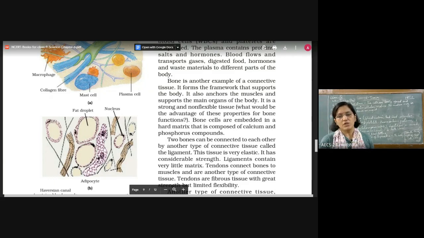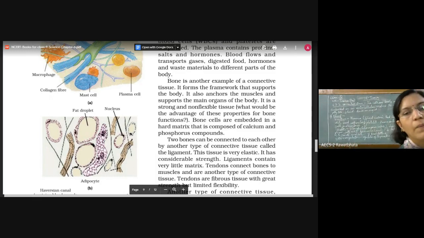The diagram I just told you, the diagram number is 6.10, and in that they have labeled A, B, C, D, E. In the old books, the blood cells are labeled as E, but in the latest edition, it is labeled as A. Whatever the labeling, they have mentioned very clearly the different types of blood cells, and you are supposed to draw that diagram.